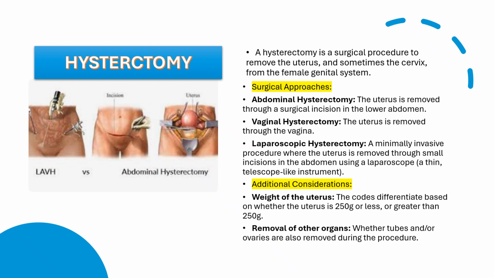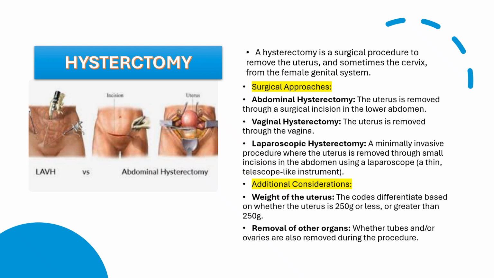Vaginal hysterectomy is when the uterus is removed through the vagina. And laparoscopic hysterectomy is a minimally invasive procedure where the uterus is removed through a small incision in the abdomen using a laparoscope, a thin telescope-like instrument. Now, the additional consideration about the hysterectomy is the weight of the uterus.